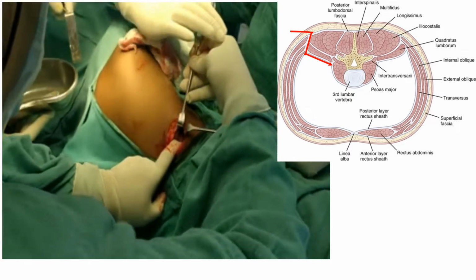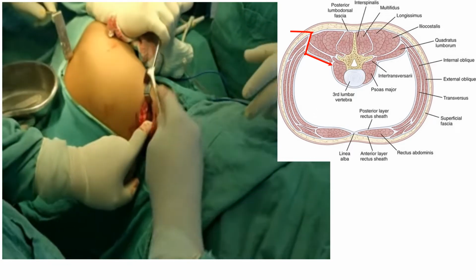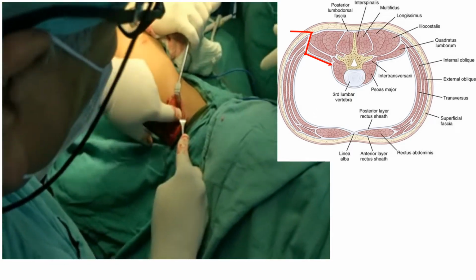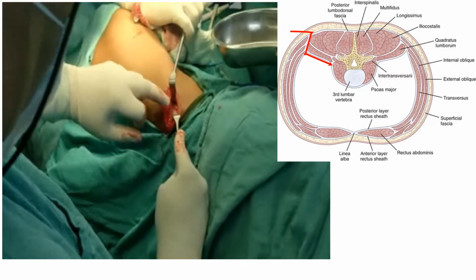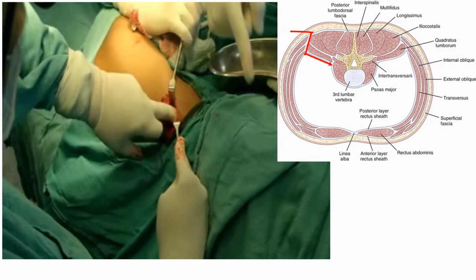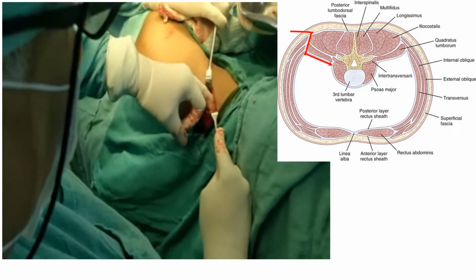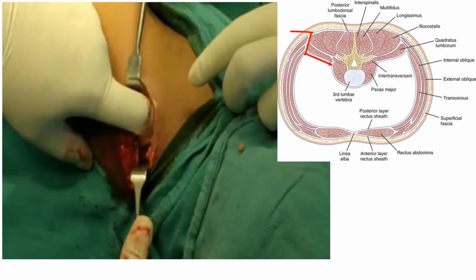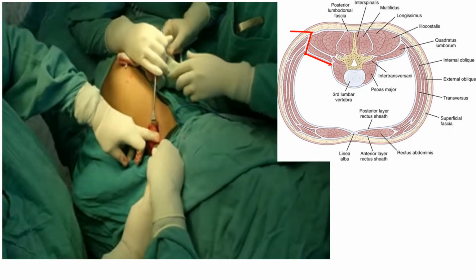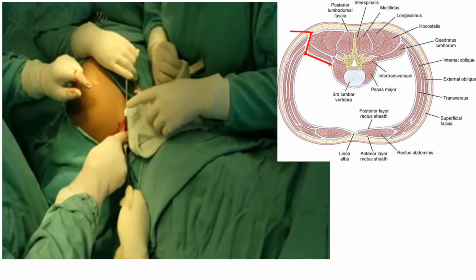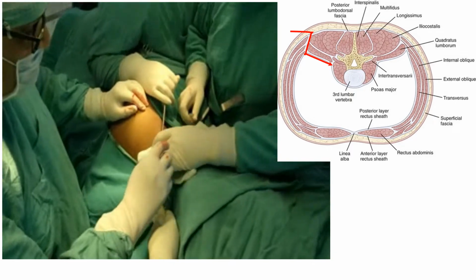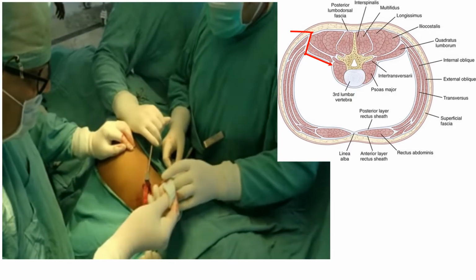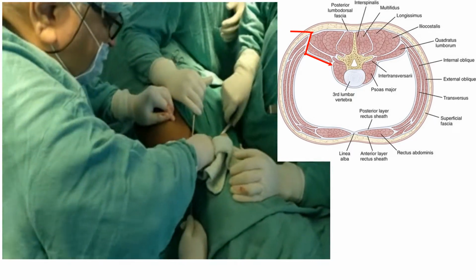Now our finger is on the internal surface of the iliac crest. Above is the quadratus lumborum, below the iliac crest. We trace the anterior surface of the iliac crest till it goes behind the iliopsoas.